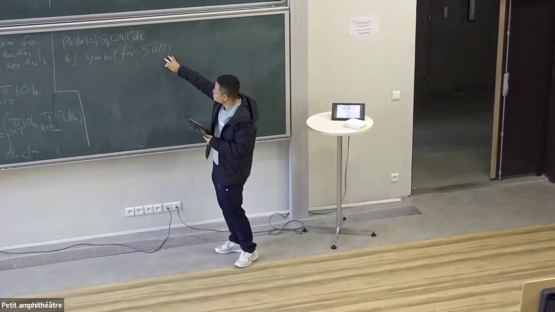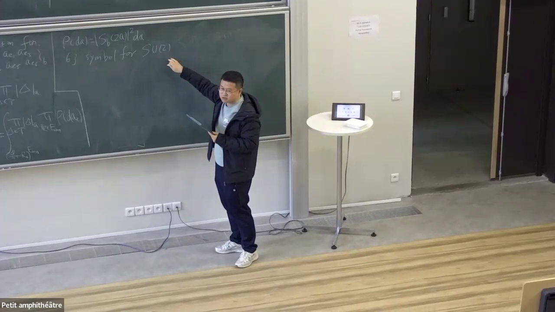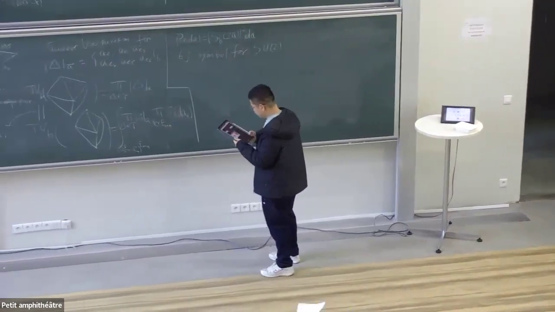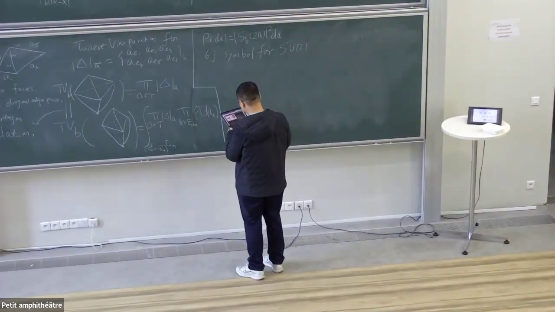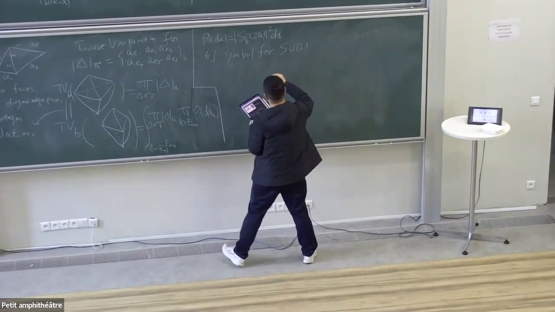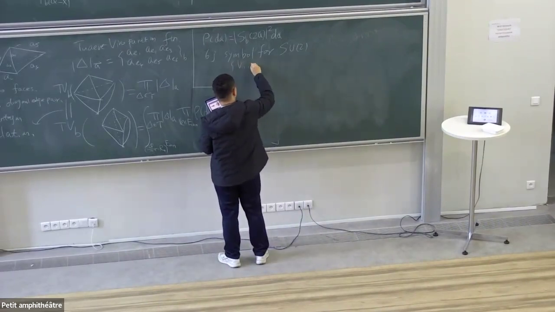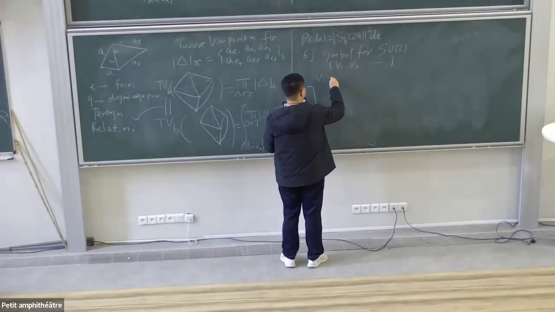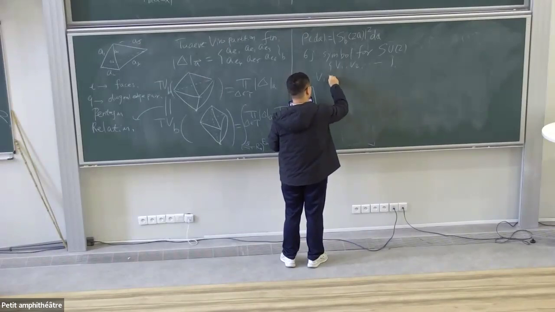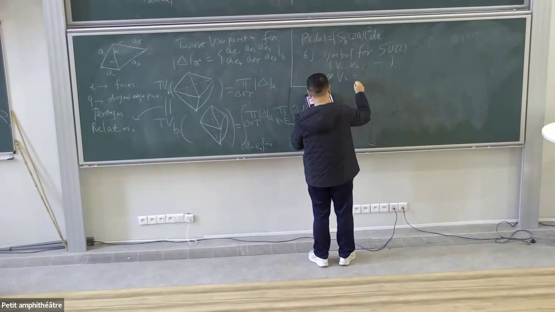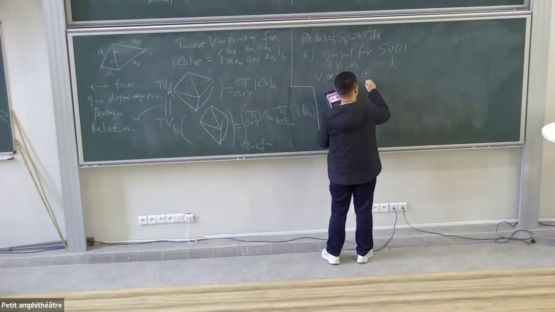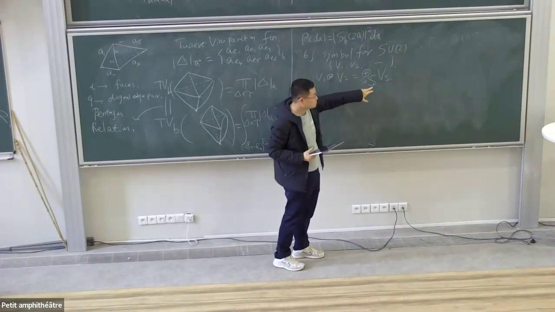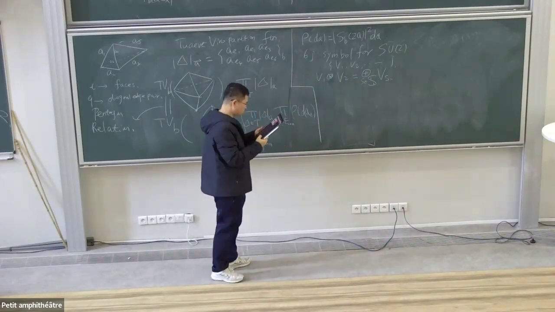So we consider all the unitary representations of SU2, and they form a tensor category. Maybe I label these representations by V1 and V2. And then we know that, for example, V1 tensor V2 equals this. It can be decomposed into these irreducible representations.